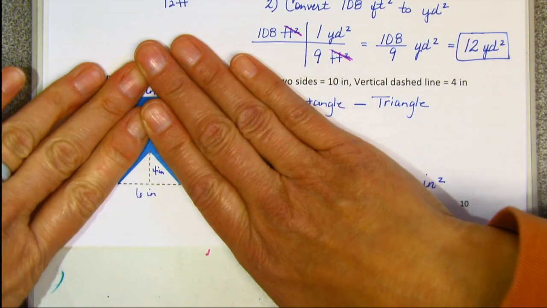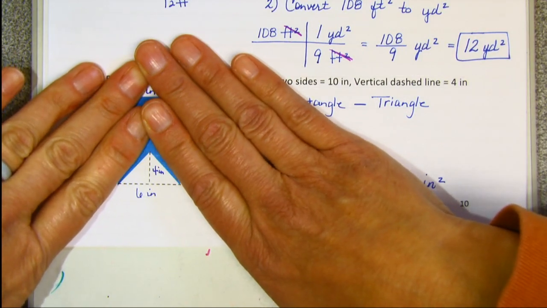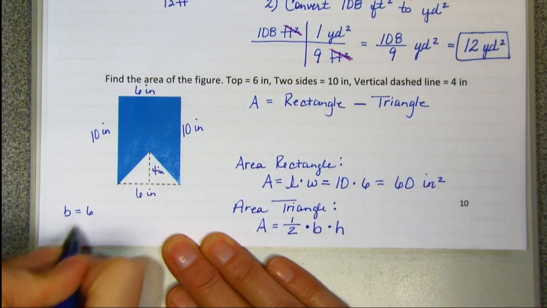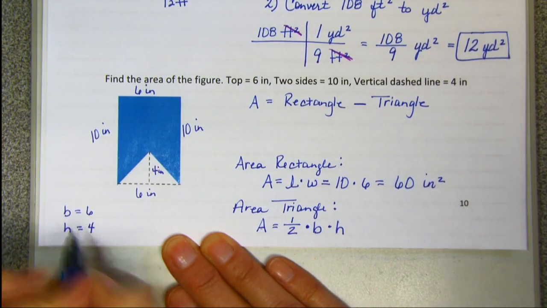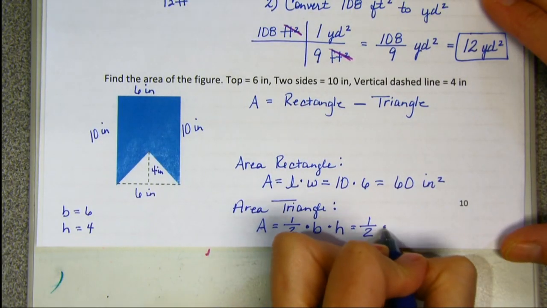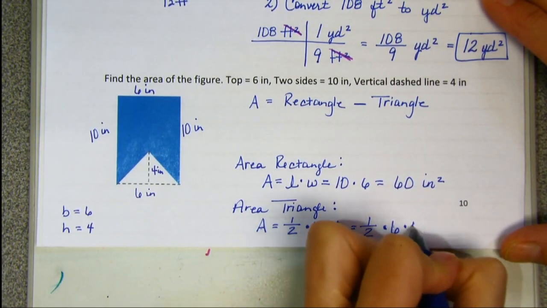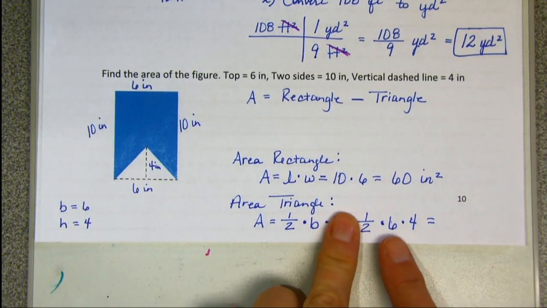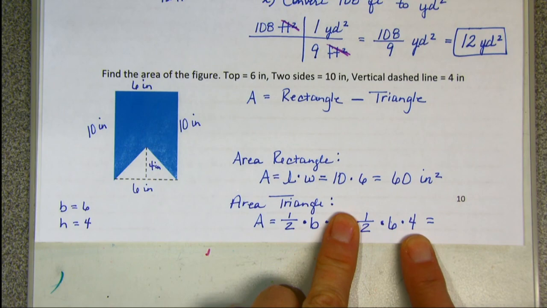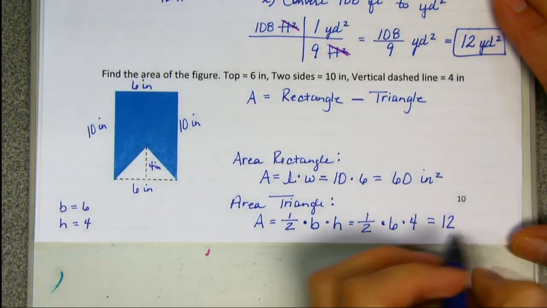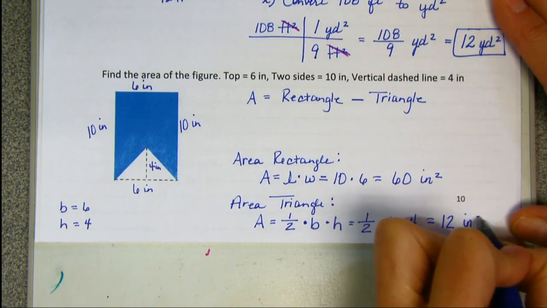That forces my base to be 6 and my height to be 4. So that would be 1/2 times 6 times 4. You can put that in your calculator, or you can say 6 times 4 is 24. Half of that is 12. And it's area, so it's square inches or inches squared.